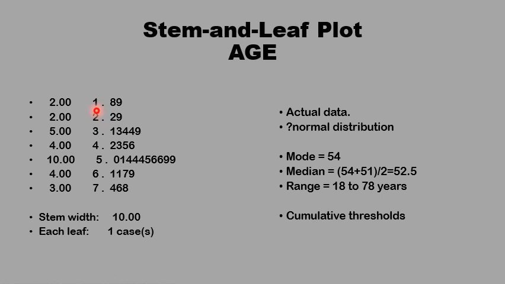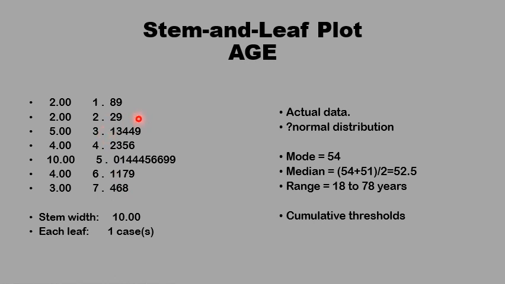So this would be 10 years plus, 20 years plus, 30 years plus, up to 70 years plus. And go then through the set of data itself. You'll find a patient who is 18 years old, so the stem will be a 1.8. Remember, we're going to multiply this by 10 because this is what is the stem width.